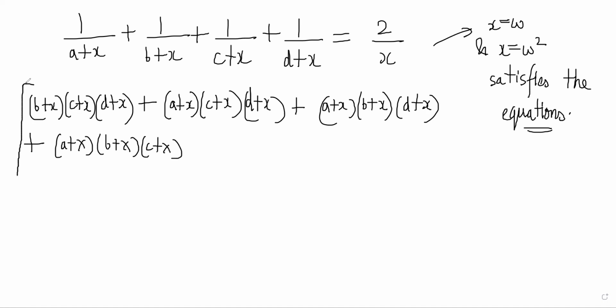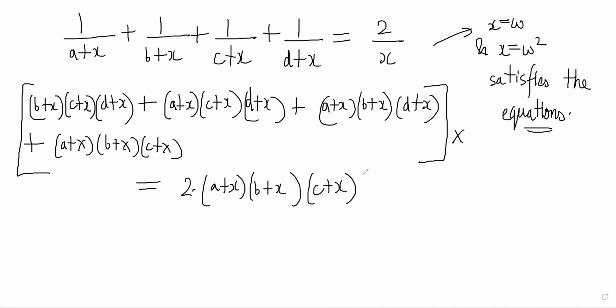This whole thing multiplied by x is equal to twice of (a plus x)(b plus x)(c plus x)(d plus x).